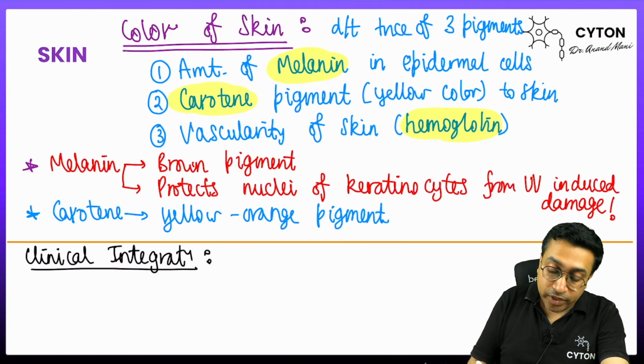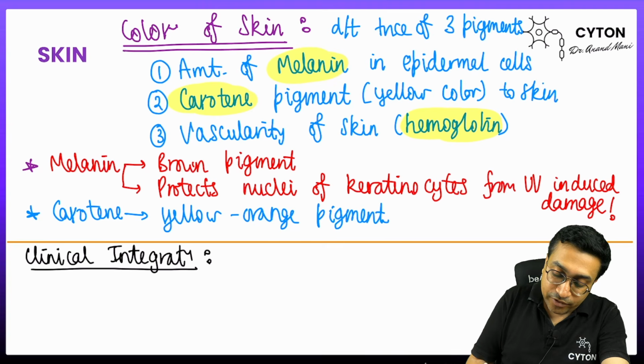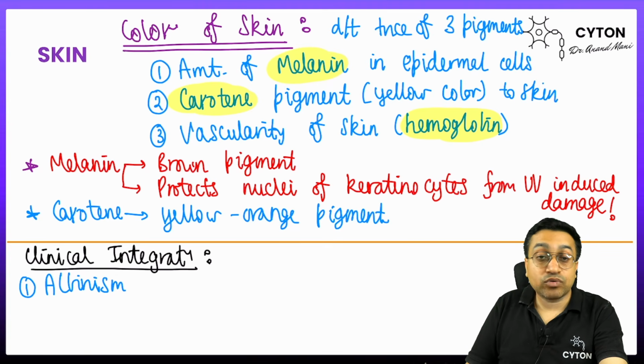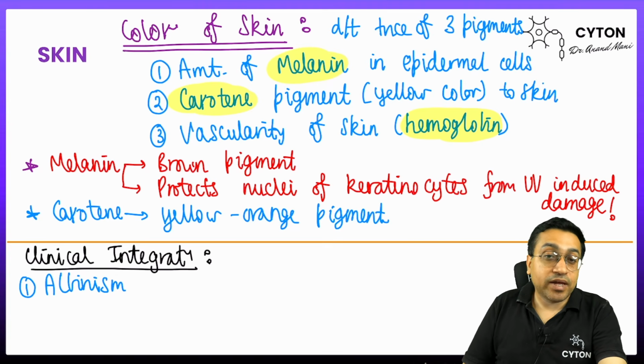Number one entity which you will hear in your life and you will see in patients also is albinism. What is albinism? It's an inborn error of metabolism which makes the melanocytes incapable of melanin synthesis.